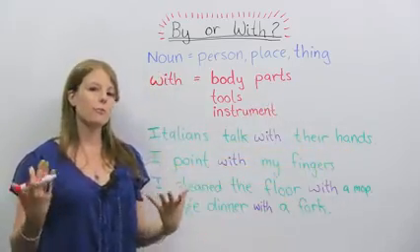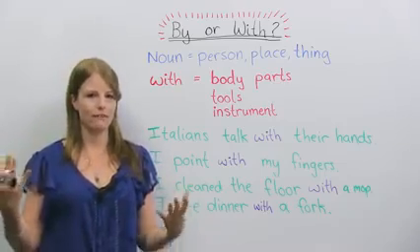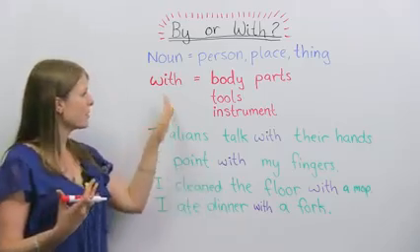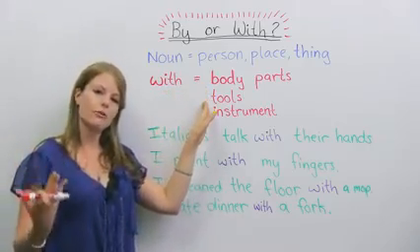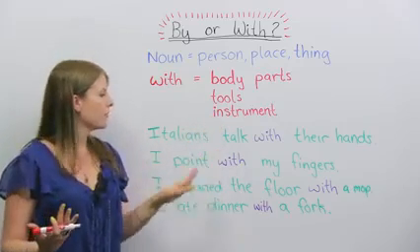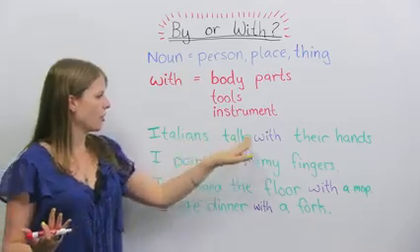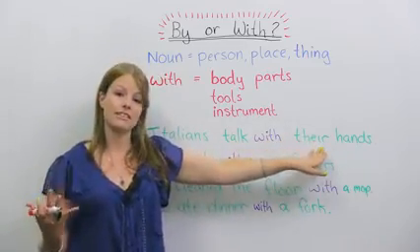And we usually use "with," and again, I'm saying usually because there's a lot of other cases we use it, but this is the main rule. We use "with" body parts, when we're talking about tools or different instruments, okay? So for example, Italians talk with their hands. So we have "with" here, and we have a body part, hands.